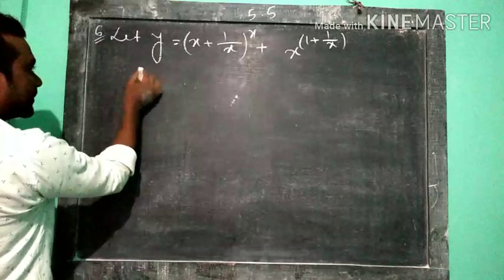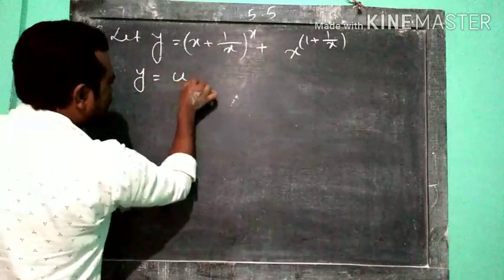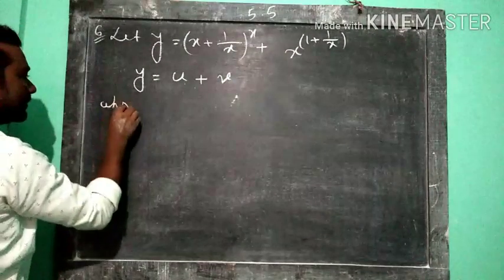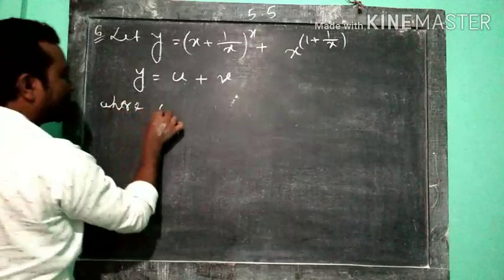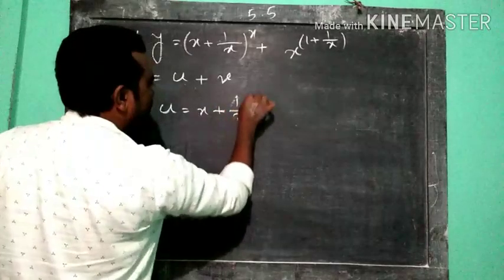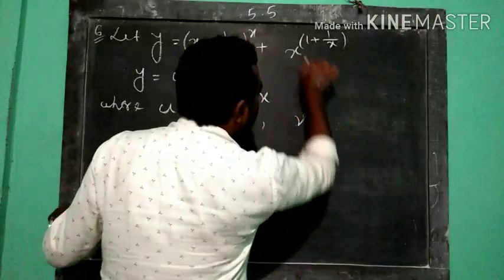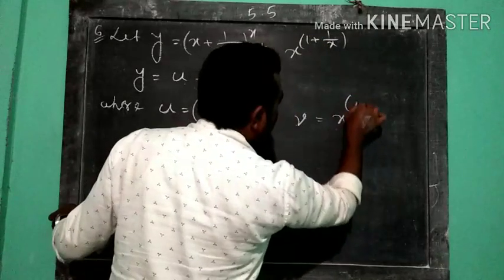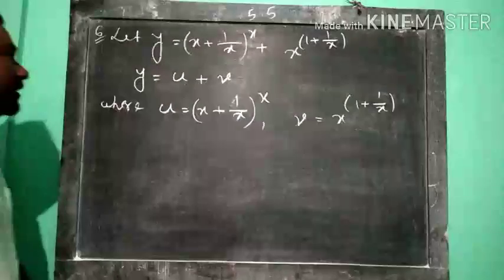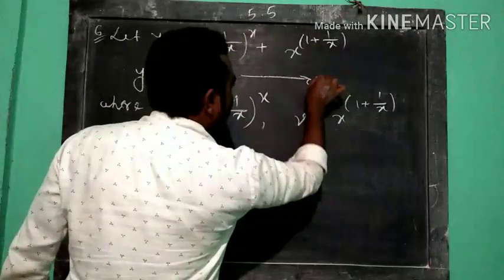Suppose this is u and this is v, so y equals u plus v, where u equals (x plus 1 by x) whole to the power x, and v equals x to the power (1 plus 1 by x). Call this equation number 1.